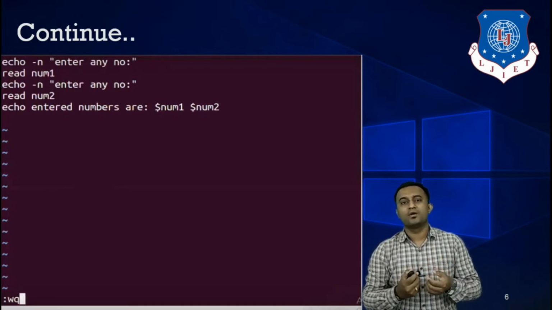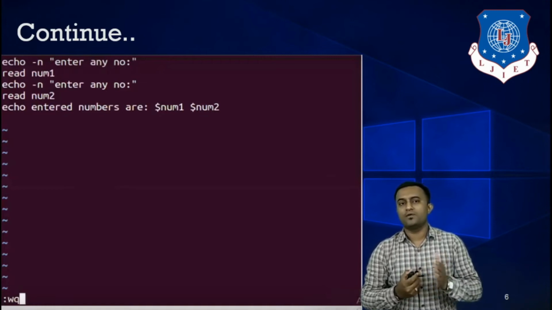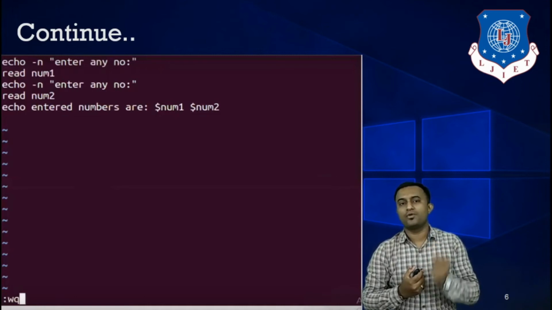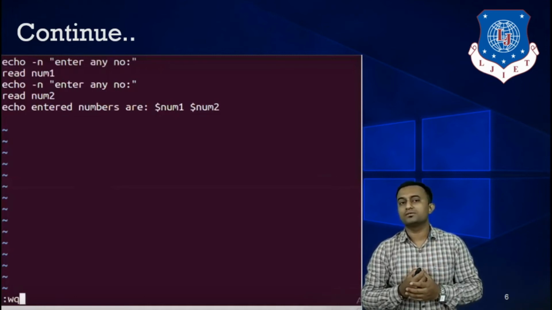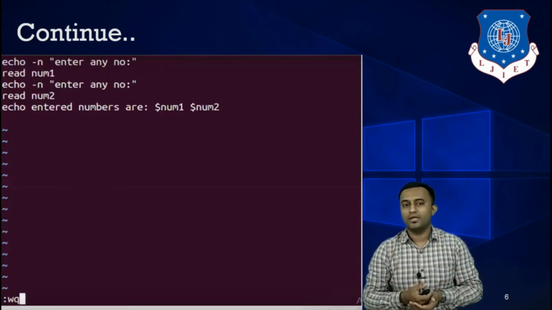In this case I am going to use two numbers: enter any number, read num1, and enter any number, read num2. So I'm going to enter two numbers. And the last statement is: echo entered numbers are $num1 space $num2. It means whatever input you supply will be displayed in the output.